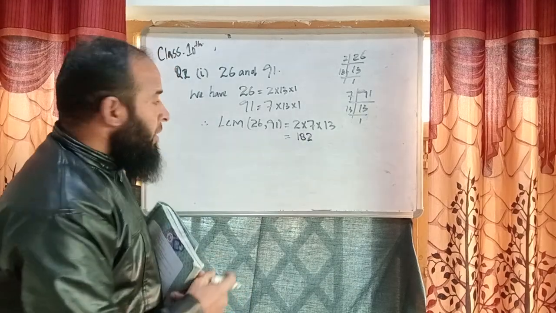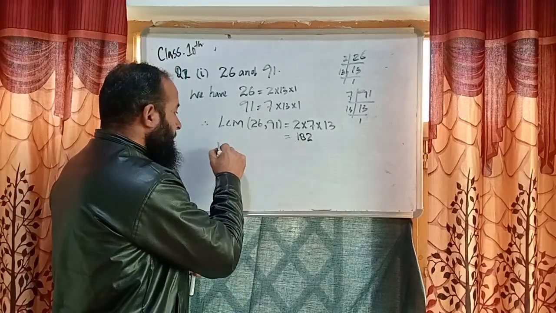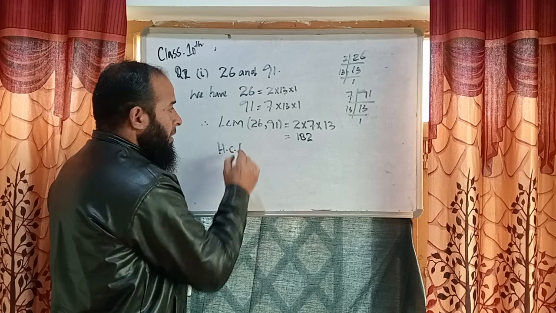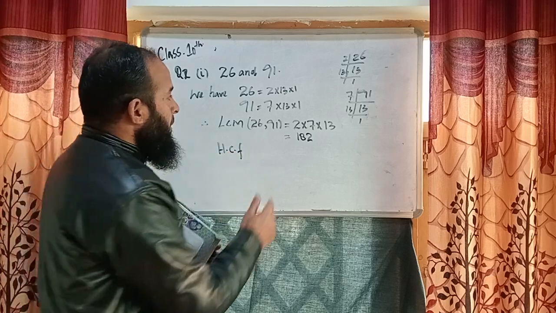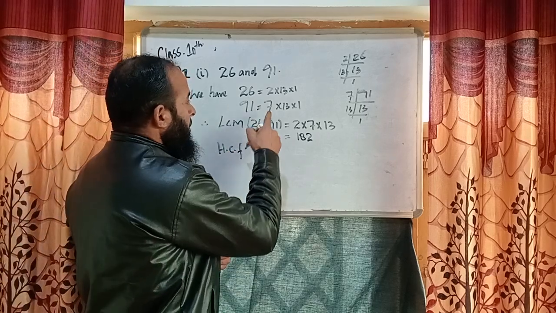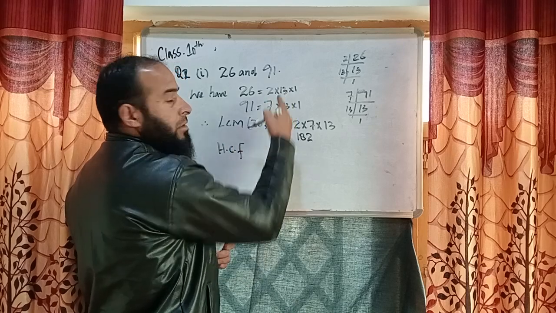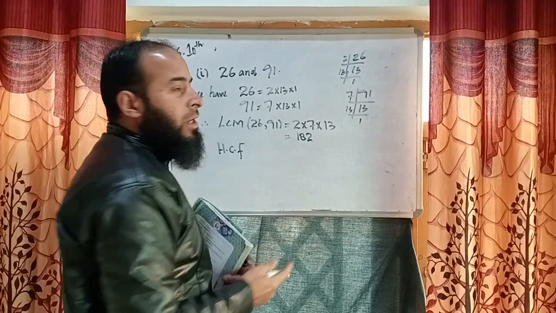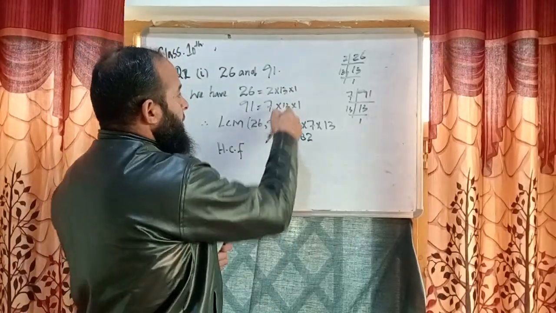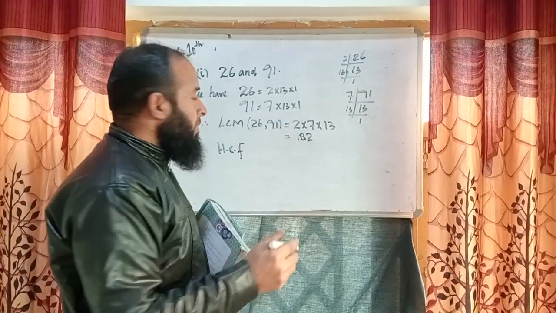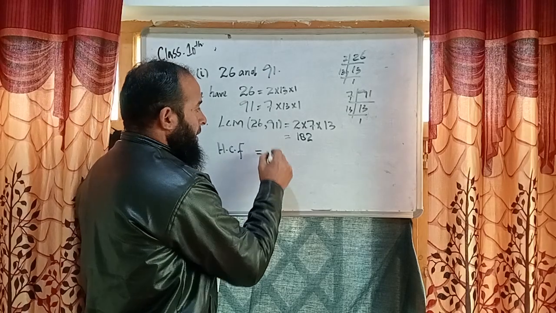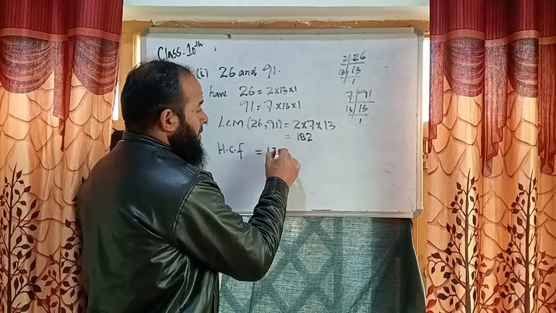And also the HCF. What is the HCF? The HCF is the common factor, so there is only one common factor, that is 13, and it will also be the highest common factor. It is 13.